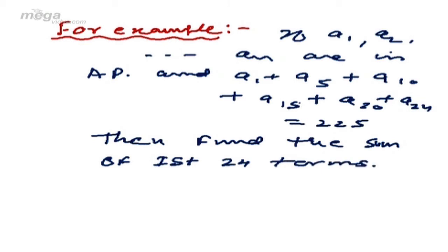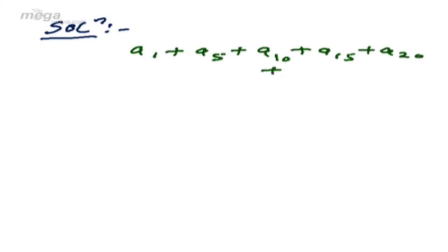This is the example related to property number 5. You know already, in the question this is given: A1 plus A5 plus A10 plus A15 plus A20 plus A24 is equal to 225, and we have to find the sum of the first 24 terms.